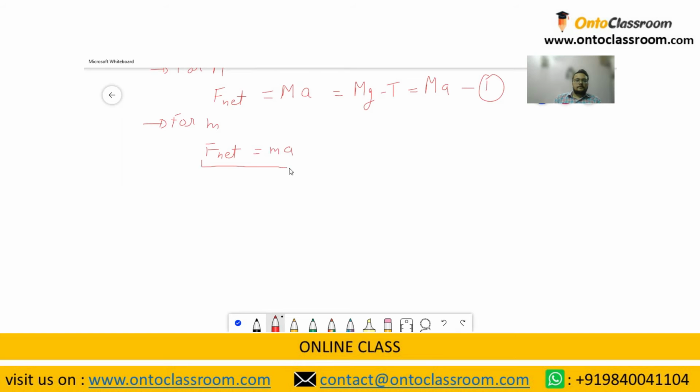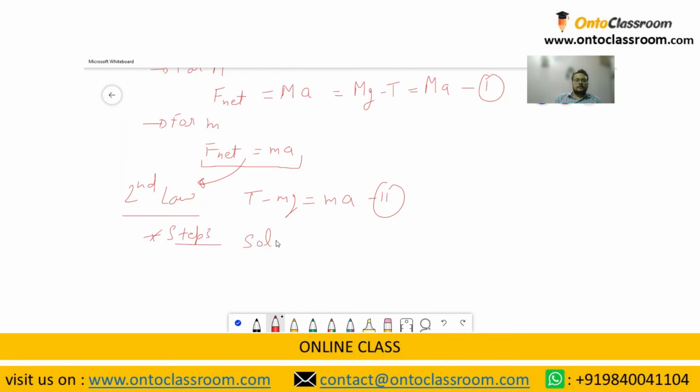This equation is basically the second law equation: net force must be equal to the mass of the body and the acceleration of the body. In this case, F net was T minus mg, calculated before, and it must be equal to the mass of the small block and its acceleration. So we get these two equations: Mg minus T equals Ma and T minus mg equals small ma.